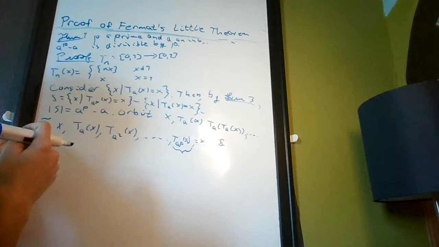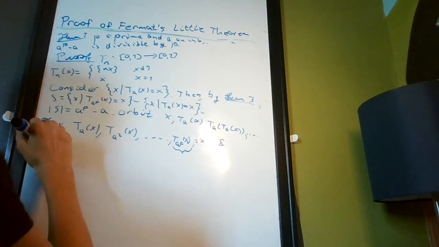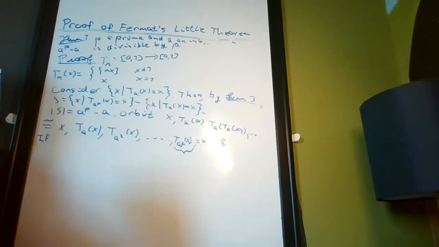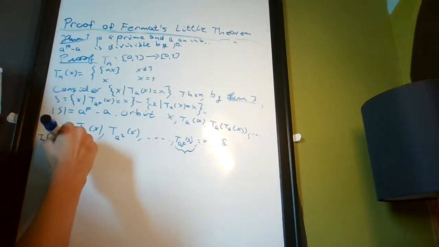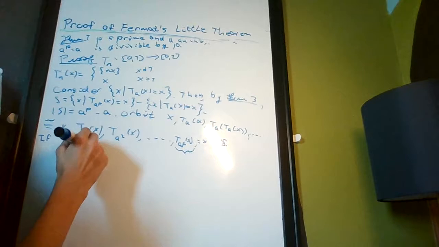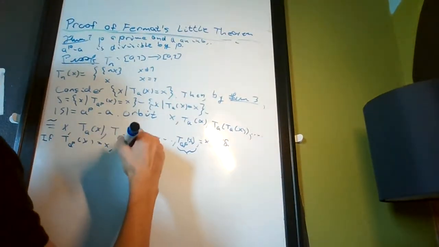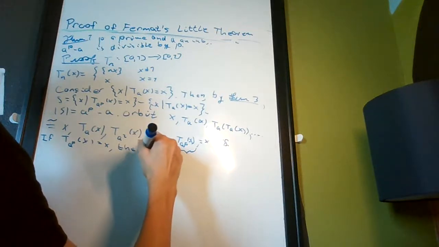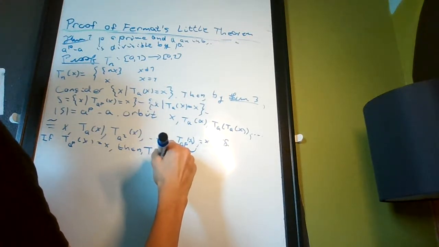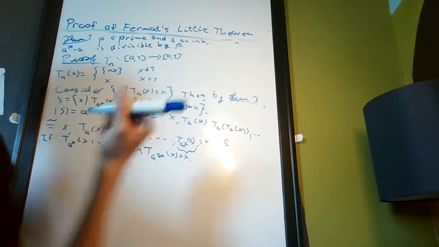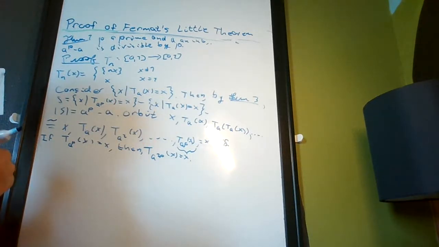So we know also that if TA to the p of x equals x, then TA to the 2p of x is also equal to x, right? And you can continue that up for all the p's.